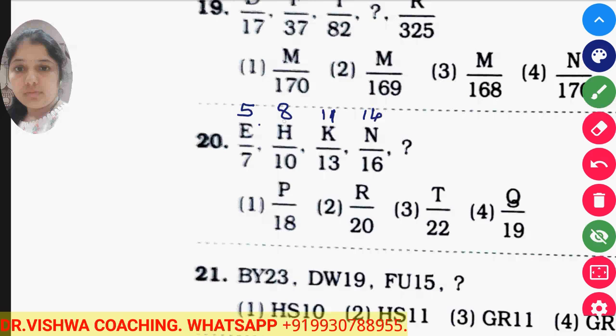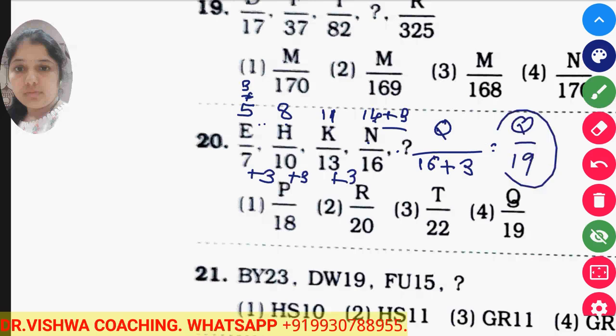So if you look carefully, there is a gap of 3, or you add 3 to the previous, so you will get the next successor. Okay, so add 3 to 14, so you will get the next alphabet in the series. So add 3 alphabets in N. So N, then O, P, Q. So Q will be there at the numerator, and again here we had added 3 in each term. So add 16 plus 3, you get the answer as Q upon 19, which is option number 4.